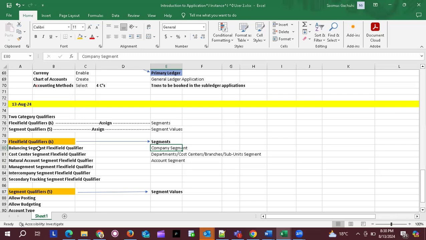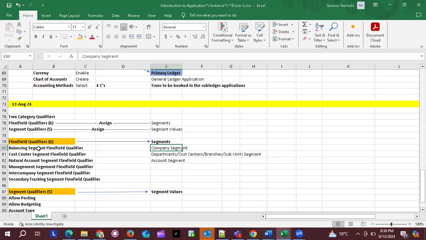That is the balancing segment. A balancing segment can only be referred to as a balancing segment if it has been assigned the balancing segment Flexfield qualifier.